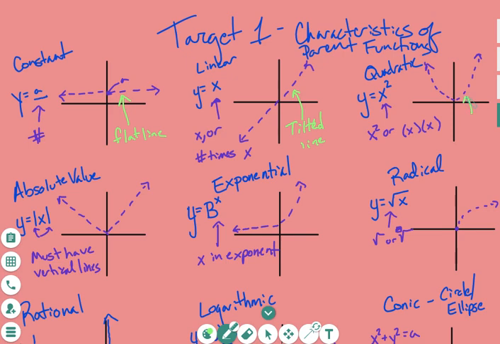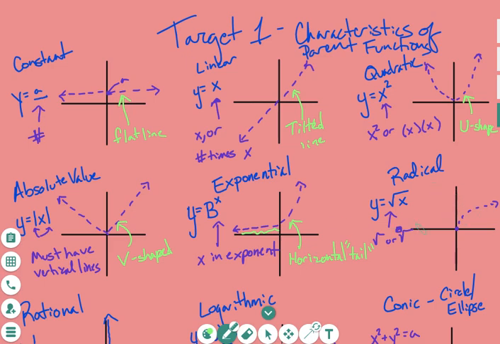Quadratics will always be some sort of U shape, where absolute values, though they appear similar in my drawings here, are V-shaped. Exponentials will have a horizontal tail, and when I say that, I'm referring to this side that's kind of flat over here.